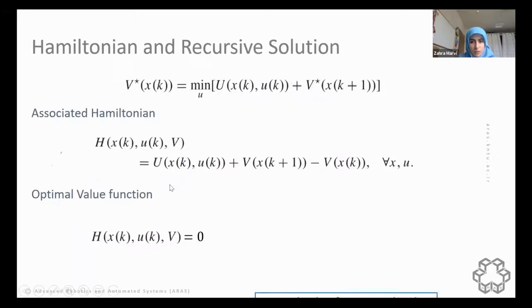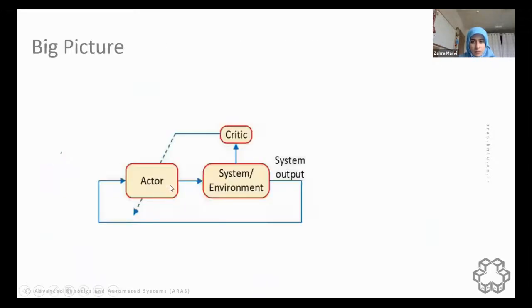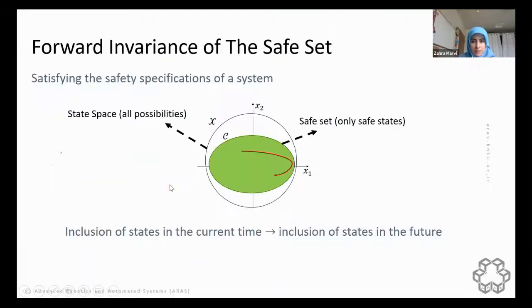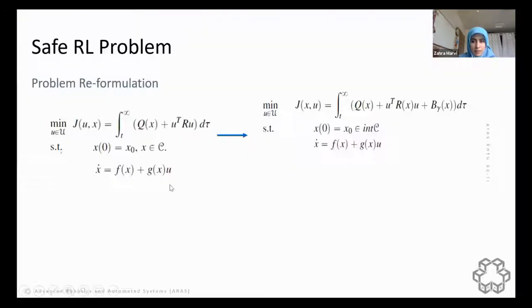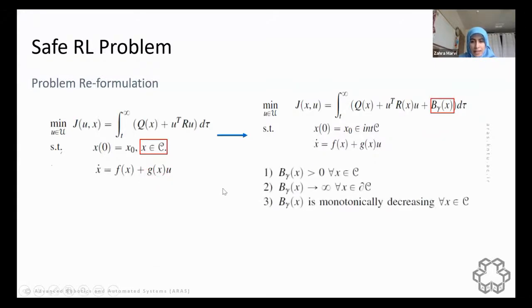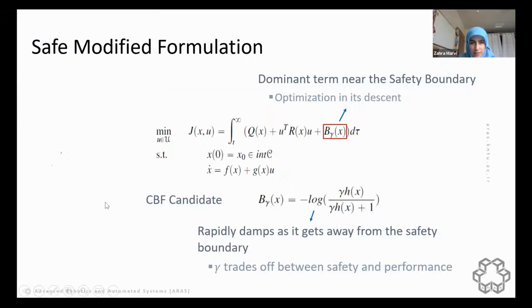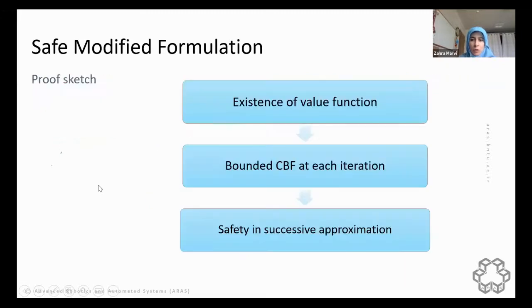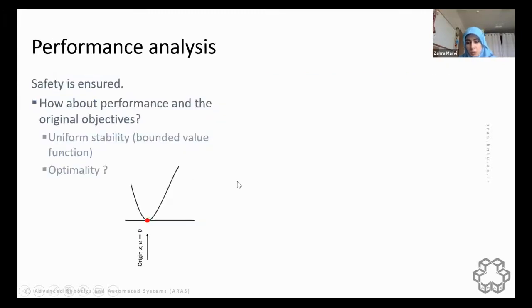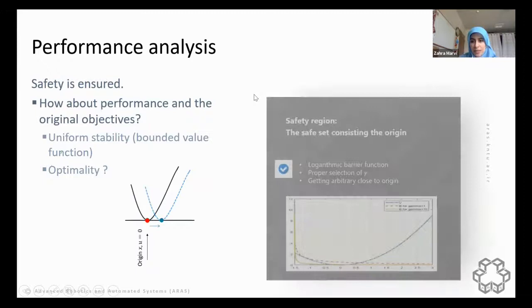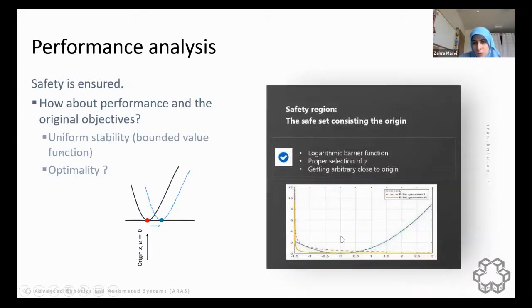Let me go forward. It actually comes into play when we are checking the performance of the system. You can use any function that satisfies the three conditions, but what helps us with the logarithmic function is the performance, because we are adding to our value function another function, and that function might change our optimum point, which is not desired.